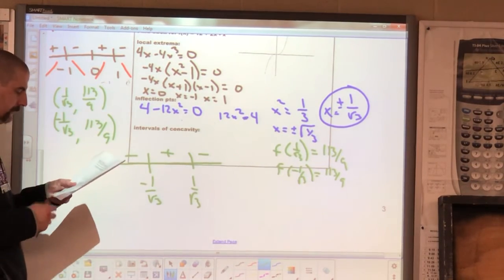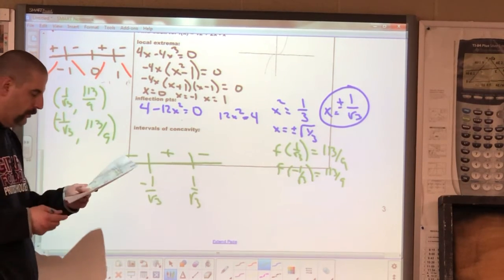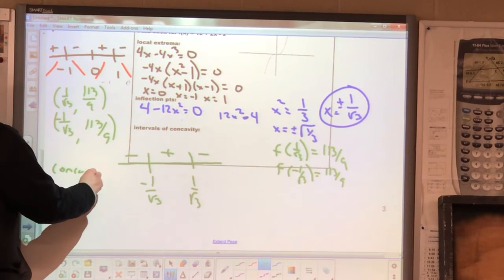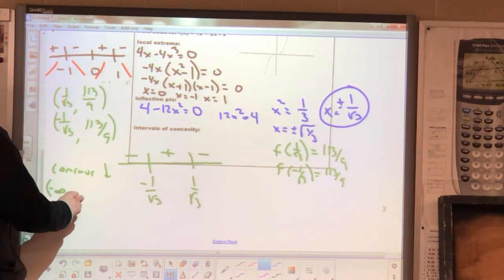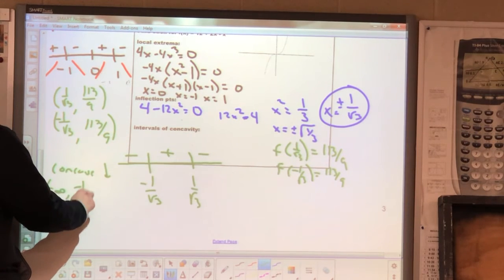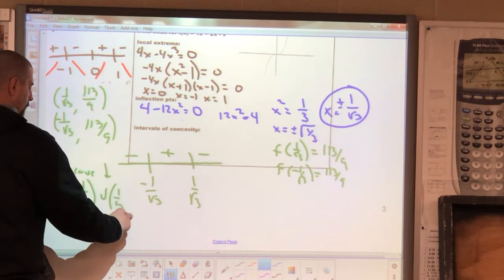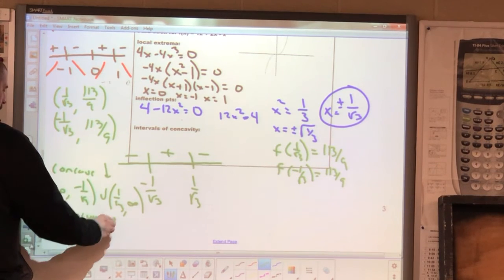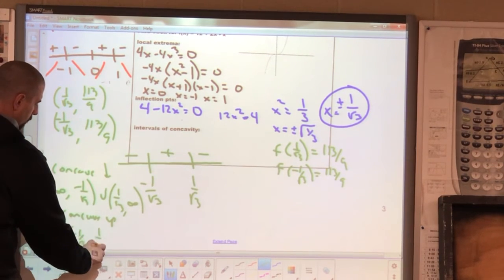All right, so we have concave down, and that's going to be from negative infinity to negative 1 over square root of 3, union 1 over square root of 3 to infinity. It's concave up, all right, and that's going to be between negative 1 over square root of 3 to 1 over square root of 3.